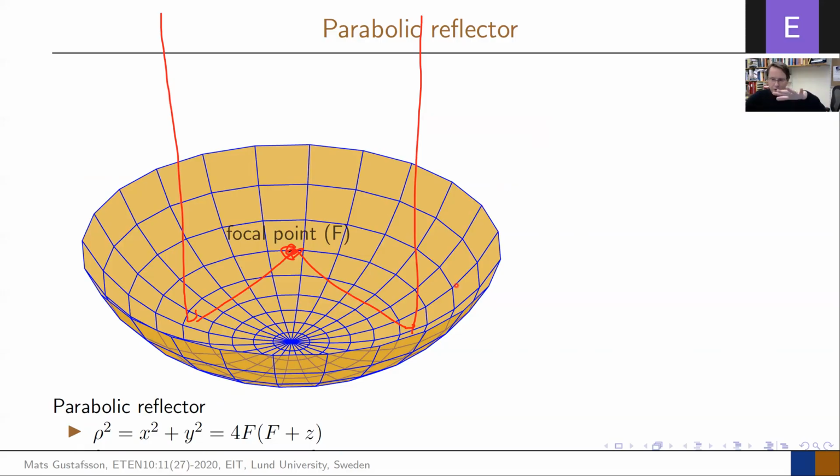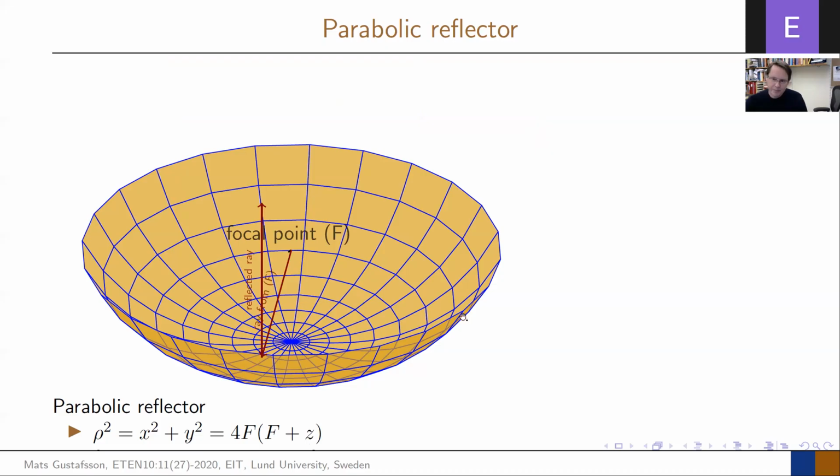So if you illuminate this with some incident field, you get very, very high intensity in that focal point. And the opposite: if I radiate from the focal point, I get an aperture here which has a constant phase, and basically radiates straight up. Now I can get a very large aperture, many wavelengths in size, so very, very high directivity comes out.